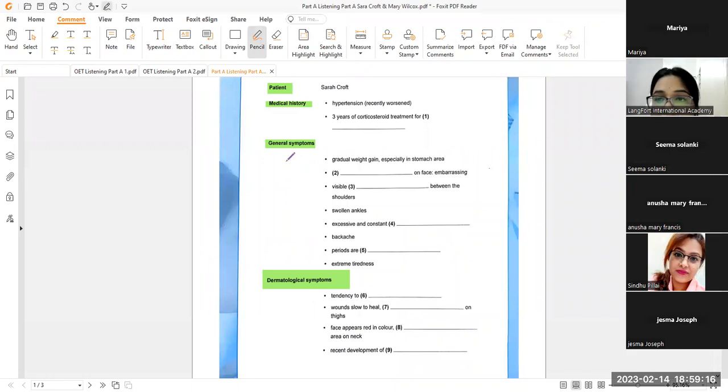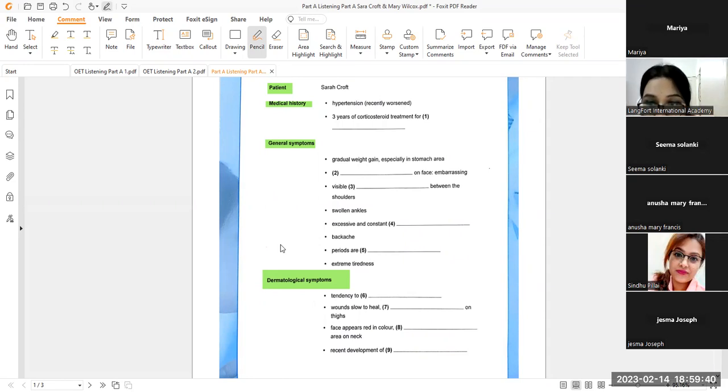Then the next two headings. Cicely, can you read the next two headings? Yes, ma'am. General symptoms and dermatological symptoms. So what are general symptoms, Cicely? What do you understand by the phrase general symptoms? Any symptoms that are visible, or any swelling that has been there. Yes, overall, right? Overall symptoms.